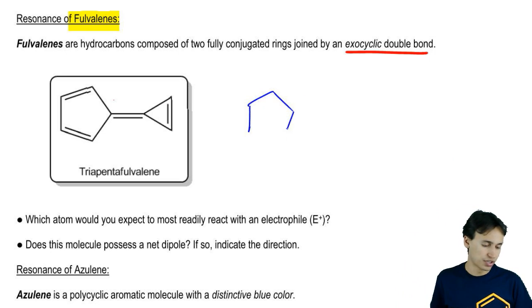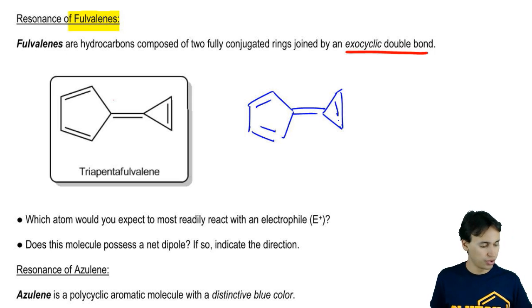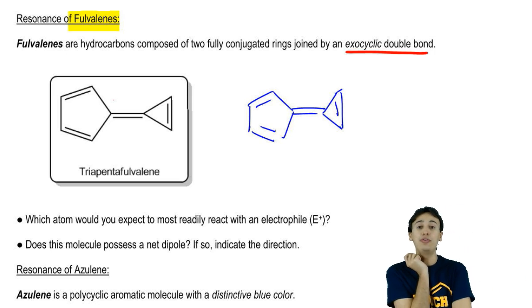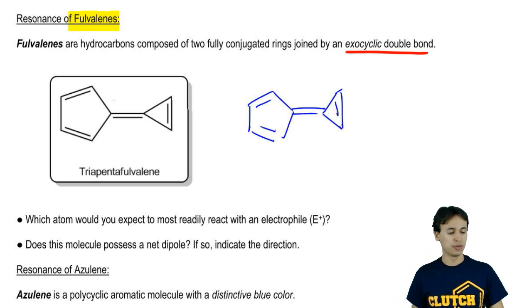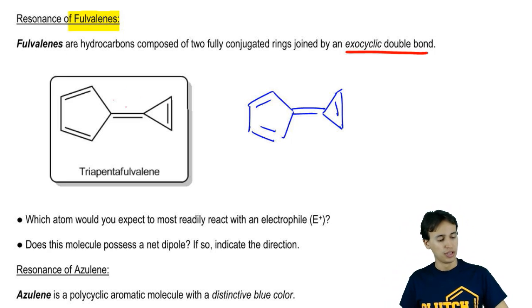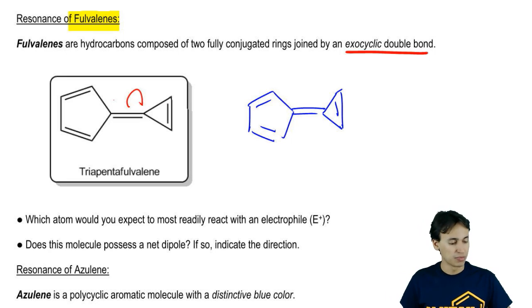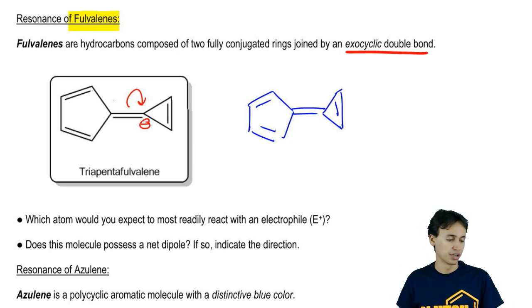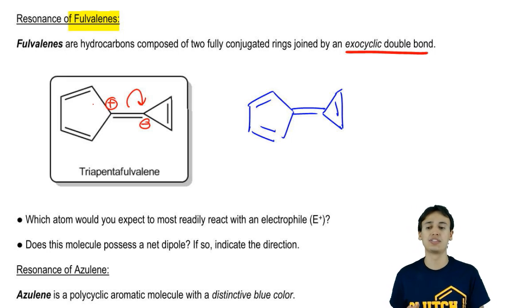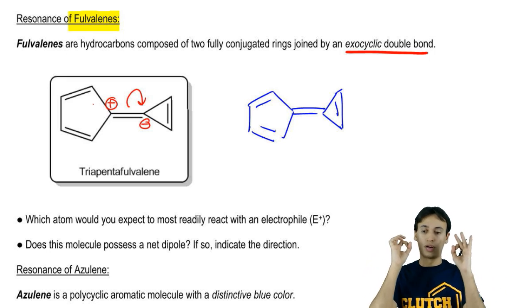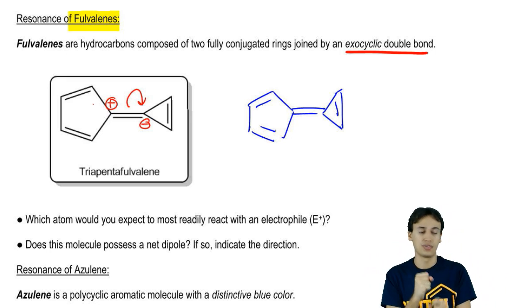I'm going to draw another version of this molecule here, and I want to draw both possibilities and have you guys be the judge of which one's better, okay? In the first possibility, I'm going to split up the double bond so that it becomes a negative charge on one side here and a positive charge on this side here. So we're going to ionize this double bond into a resonance structure of just ions, okay?